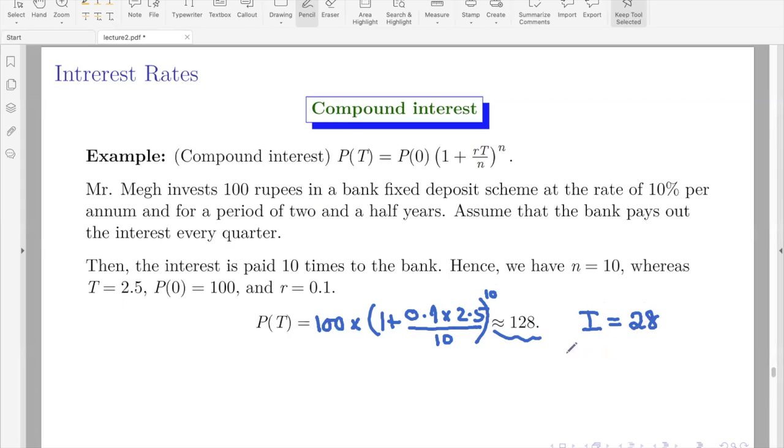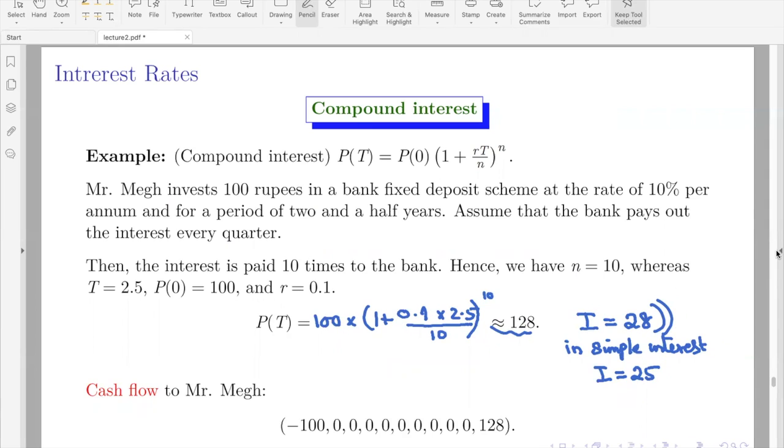If you recall, in simple interest for the same parameters, the interest was given by 25 rupees. Therefore, we obviously have a little higher interest here because it was done on a compound basis. What is the cash flow? The cash flow is initially paid 100 rupees to the bank.